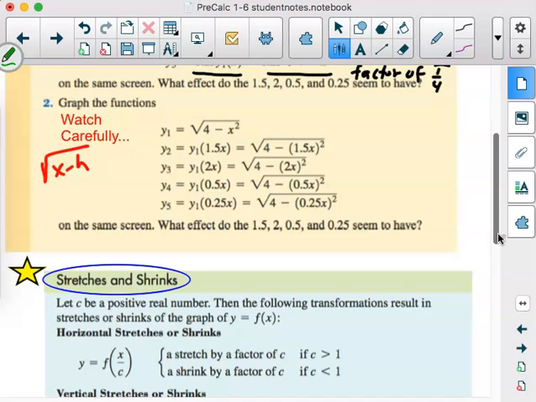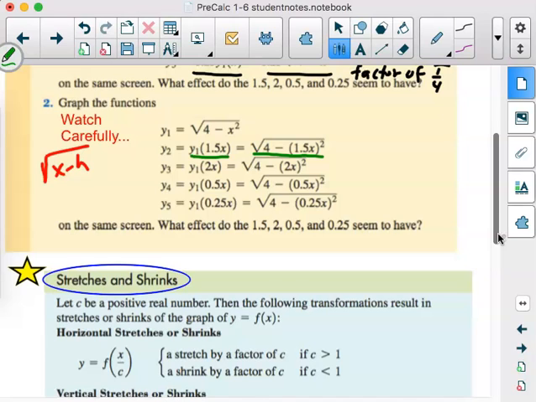So now, as I look at my functions, I realize, well, look at what they did. They put that 1.5 in front of the x. Well, notice it's being multiplied. But because this is affecting the x, it's actually the reciprocal, thinking division, that we need to realize is happening for the horizontal changes.